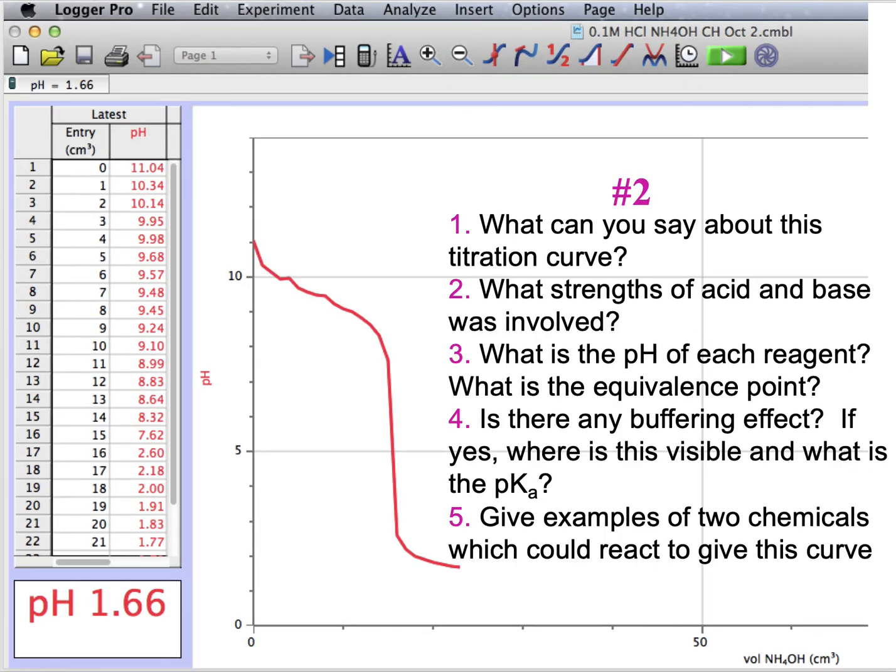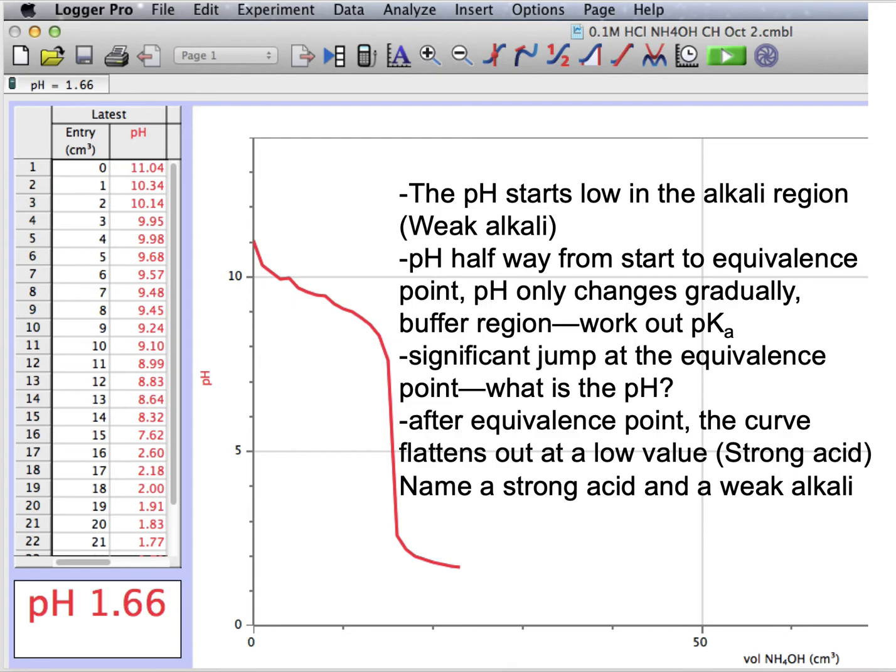For the second graph, pH starts just above 10 and goes down to about 1, quite a lot, and is asking you for the same data. So read those questions, pause to answer them. And again, pause to look at the answers.